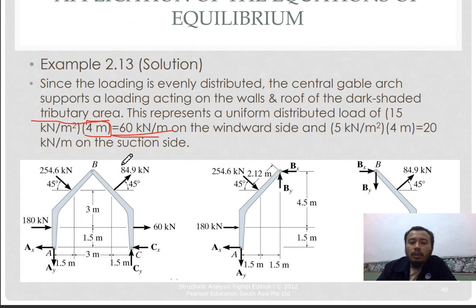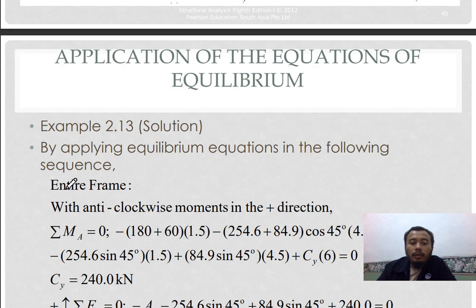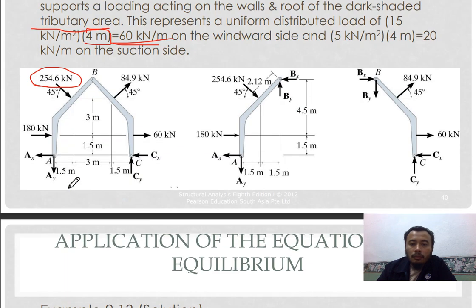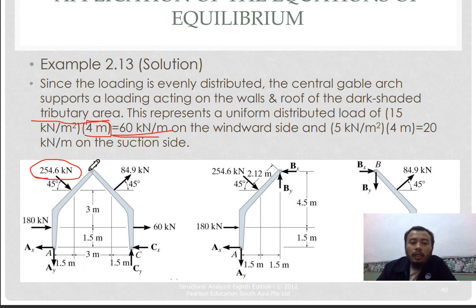So the peak load is 254.6 kilonewton. How do we get this 254? It is 60 kilonewton per meter times this length from B to this midpoint.